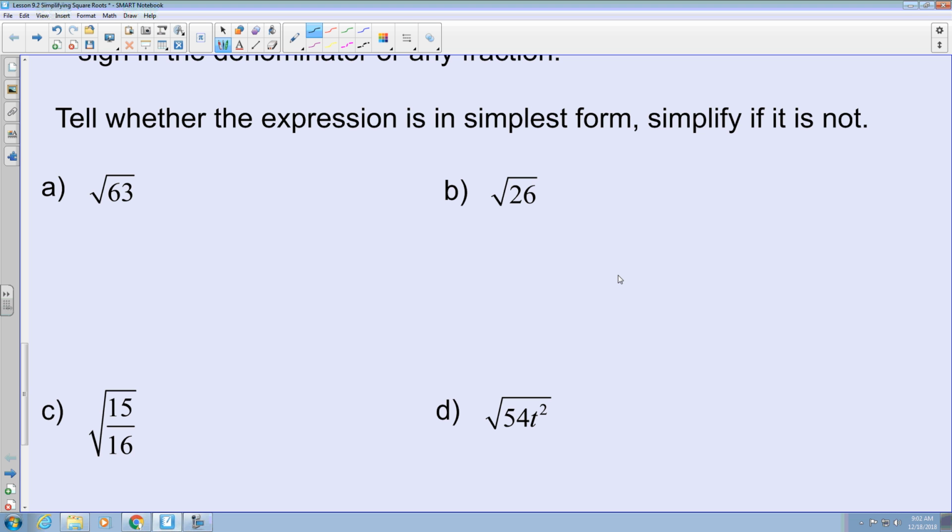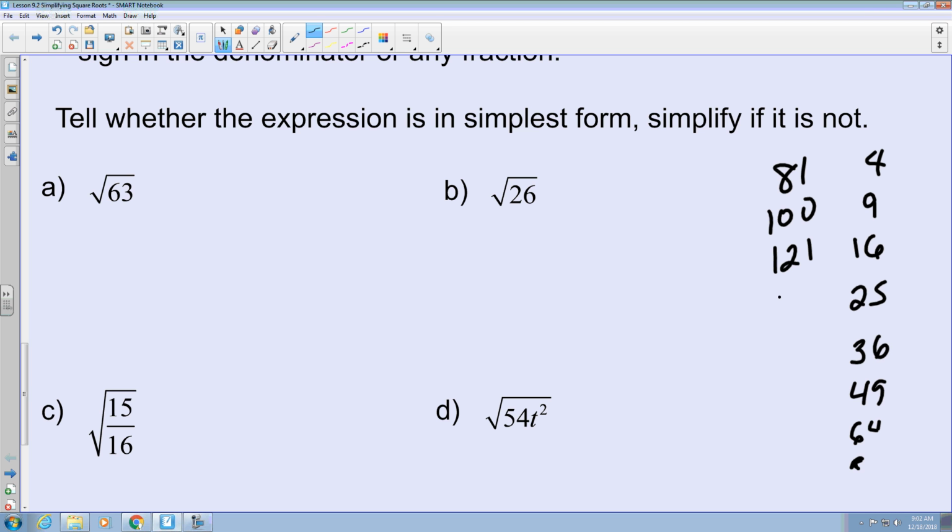We talked about discovering perfect square numbers in the previous section, 9.1. Just to give you a list of a few of them: 4 is a perfect square number, 9, 16, 25, 36, 49, 64, 81, 100, 121, 144.